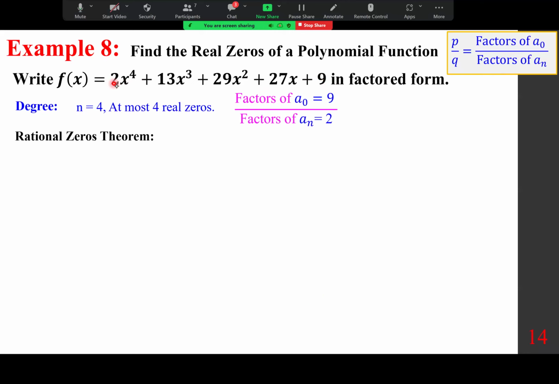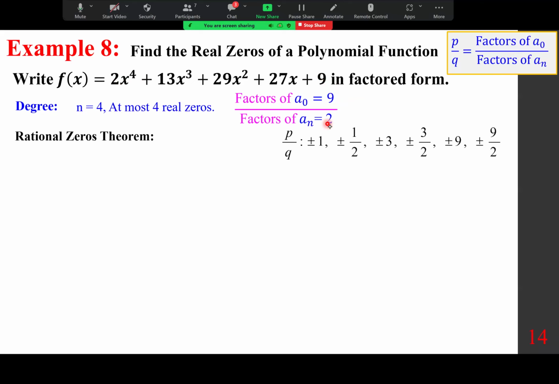And according to the rational zero theorem, this gives you plus minus 1, plus minus 3, plus minus 9. This gives you plus minus 1 and plus minus 2.